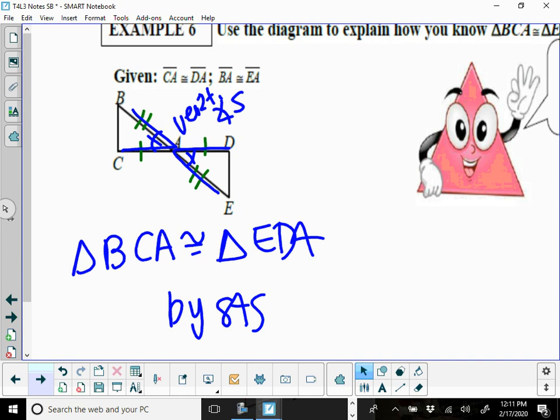The quiz is on CPCTC, where we prove that corresponding parts of congruent triangles are congruent. And it also includes side, side, side, and side angle side. Okay. So that quiz for you will be tomorrow.